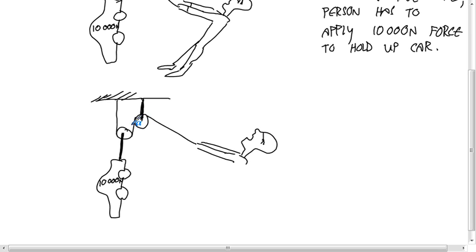This pulley is attached to the ceiling, and the other one is just hanging on the cable attached to the car. You see what I mean?